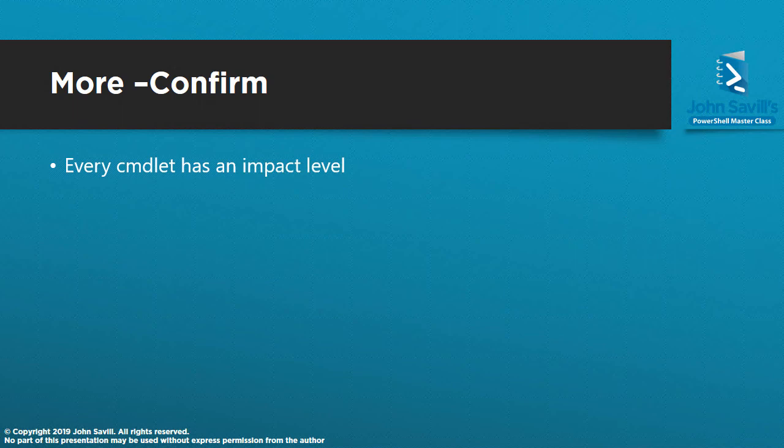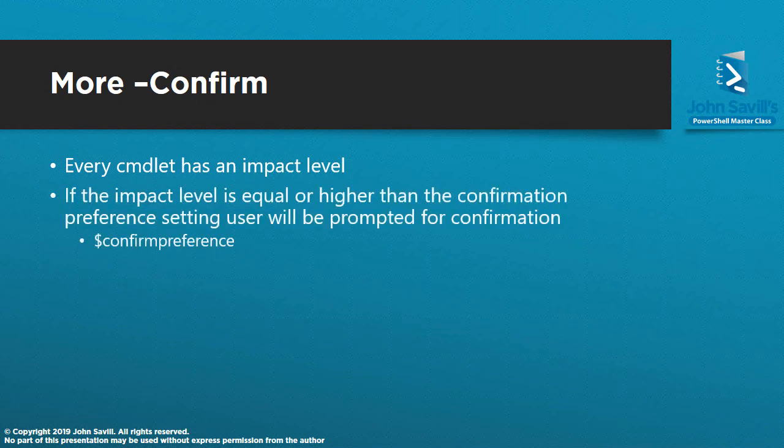So more on Confirm. What Confirm is doing is, you'll notice I'm not always being prompted when I do certain things. When I stopped Notepad, for example, it's not asking me to confirm. Every cmdlet has a certain impact level. So if the impact level is equal to or higher than the confirmation preference setting, it's going to prompt me.